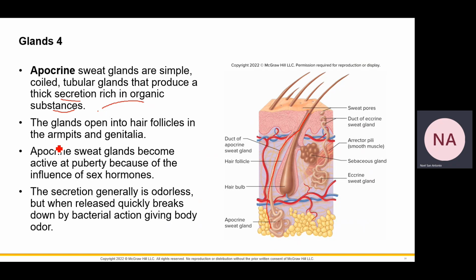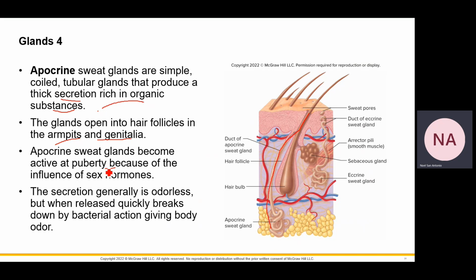And these sweat glands are found in the armpits and also in the genitalia. And these glands become more active during puberty because they are influenced by sex hormones. And these secretions are generally odorless.